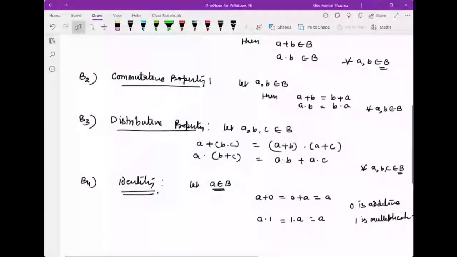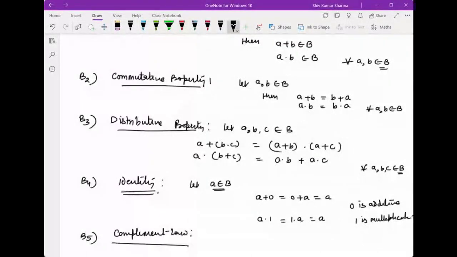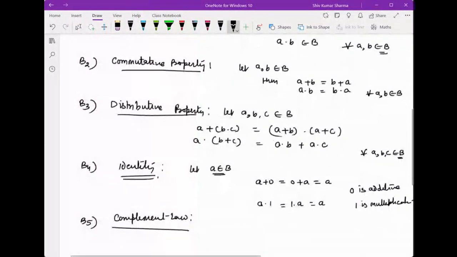And the last property, 5, is the complement law, that means the complement property. This is property number 5. A plus A complement is equal to 1, and A into A complement is equal to 0.